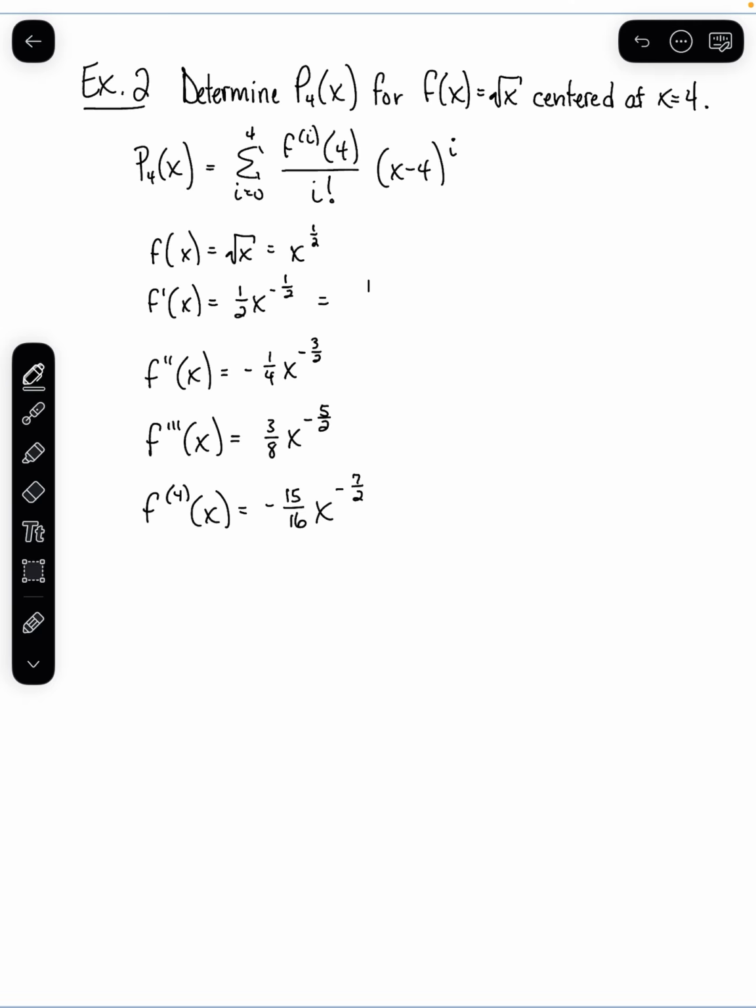Now we might find it helpful to rewrite these using radicals because the next step is to evaluate them. Fortunately, we have a nice centering value in the sense that it is friendly to doing the square root.